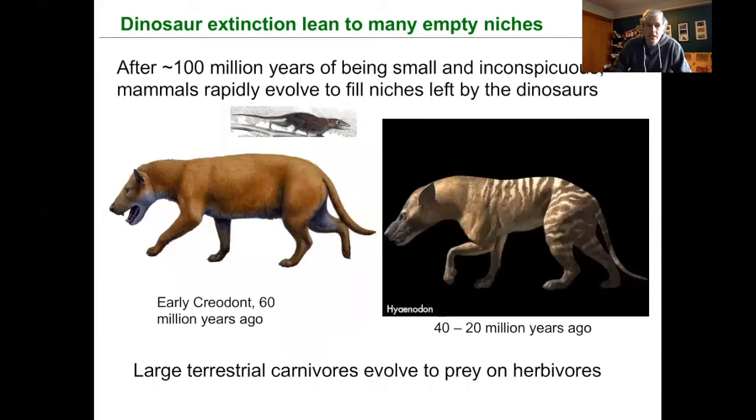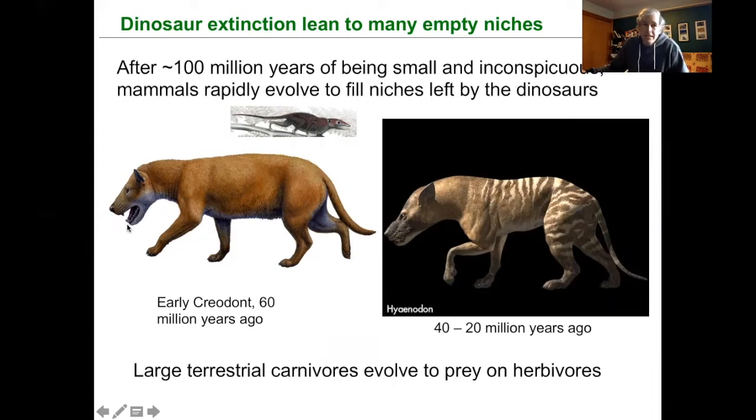In addition, we started to get large terrestrial carnivores that evolved to prey on these herbivores. So remember, dinosaurs went extinct 65 million years ago. In the fossil record, about 60 million years ago, we see this early creodont appear. This early creodont is a very early mammalian carnivore. You can see by the teeth that it is clearly a carnivore.